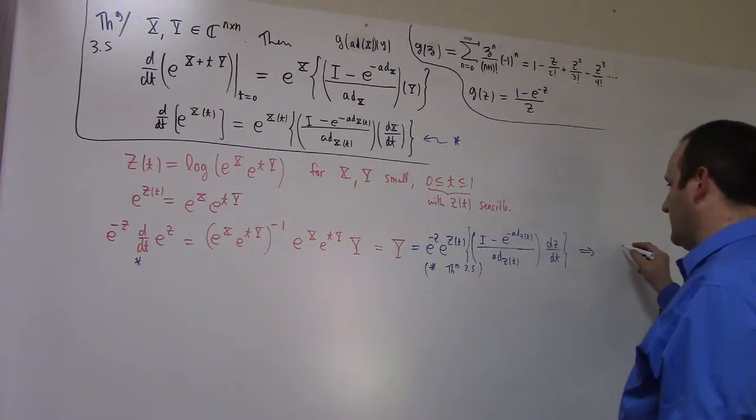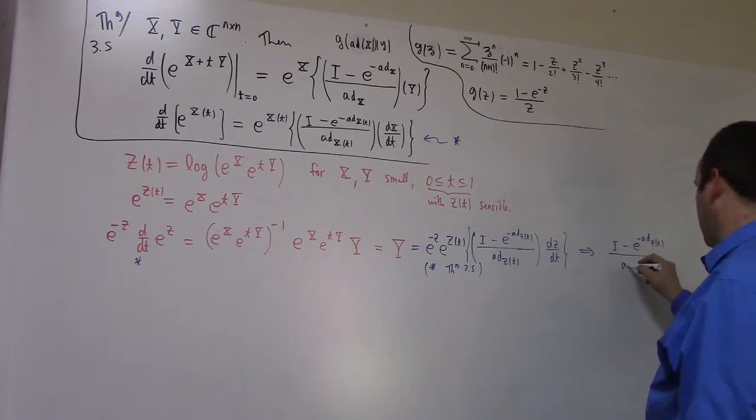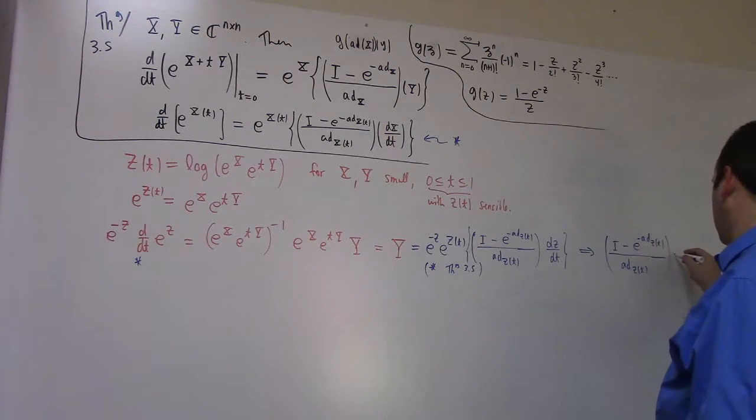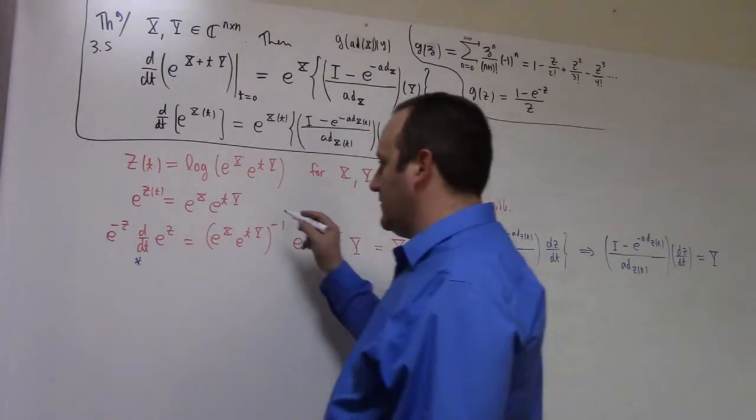You've got I minus e to the minus the adjoint of z of t, divided by the adjoint of z of t, all of that on dz dt is equal to what? Y. Equal to y, where y and e to the z are related according to this relation back over here, right?